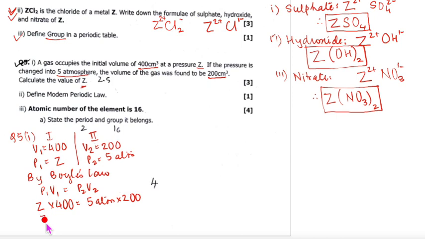So we will have Z equal to 5 atmosphere into 200 divided by 400. Cancel the zeros, 2 ones, 2 twos. So this comes out to be 5 upon 2, means 2.5 atmosphere.